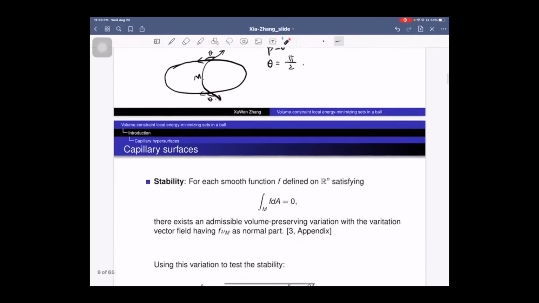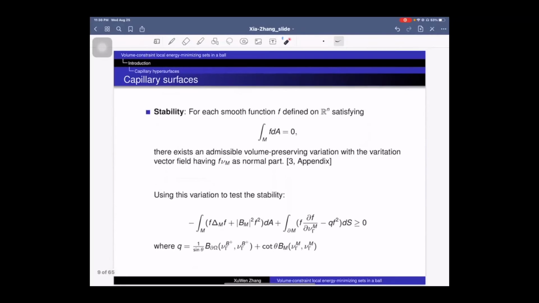Moreover, since M is a free energy minimizing set, we have the stability. Also, with a special choice of the initial velocity, we can test the stability to have a Poincare type inequality.